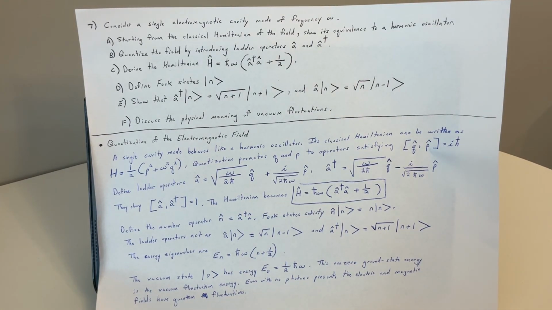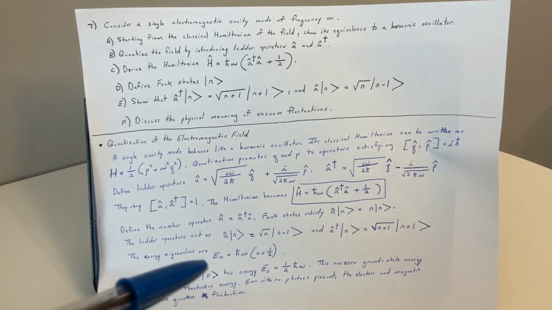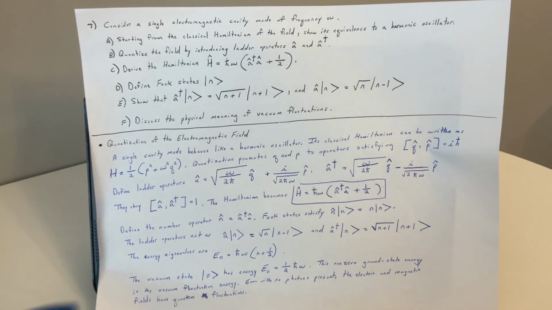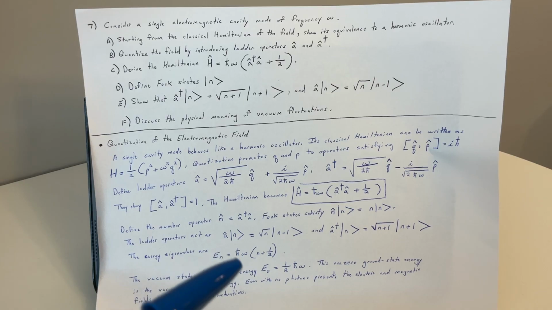The ladder operators act as follows. We were given one up here, A hat acting on ket n. And the energy eigenvalues are E sub n equals h bar omega times n plus 1/2.